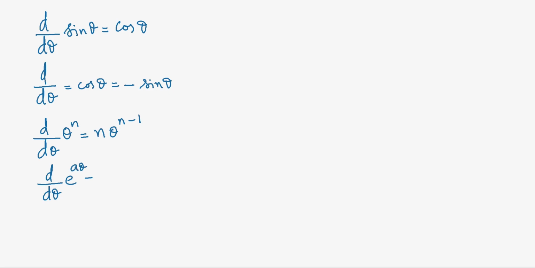d by d theta of e power, let's say a theta, for example, then, okay, I won't write the a theta straight away. Let me write only the theta. e power theta to begin with. So d by d theta of e power theta is e power theta itself. These are all very basic fundamental things.